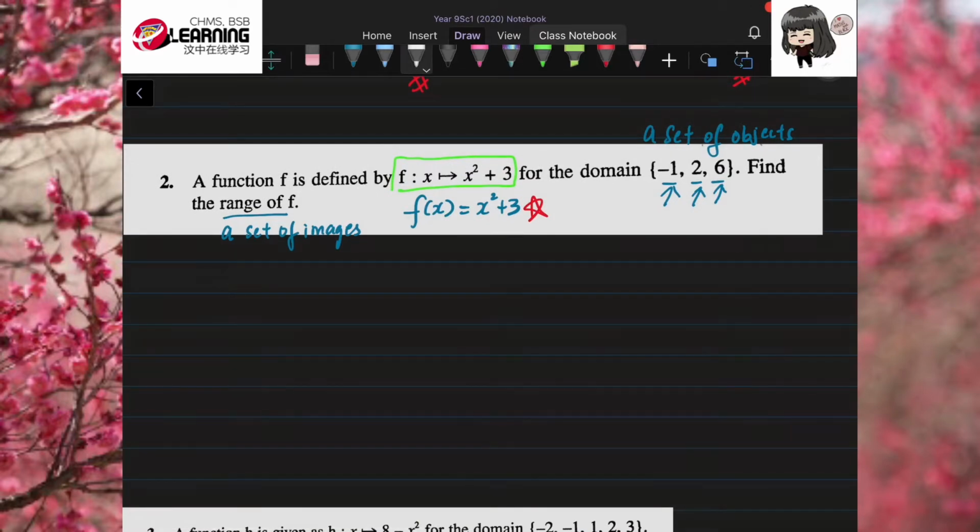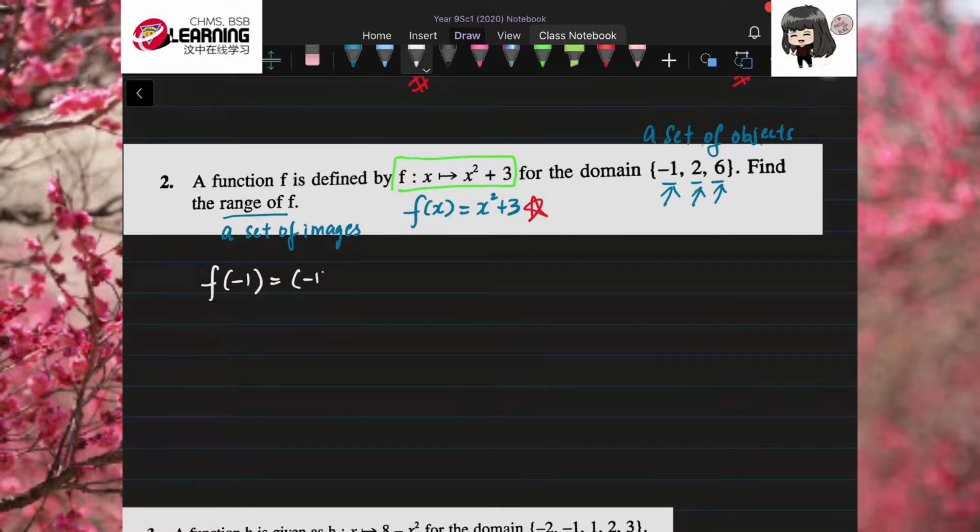So how do we write it down? Since f(x) equals x squared plus 3, when we sub in -1, we can write f of -1. It means your input is -1, and you put it into this function, just like I say, you put it into the machine and it will generate an output.